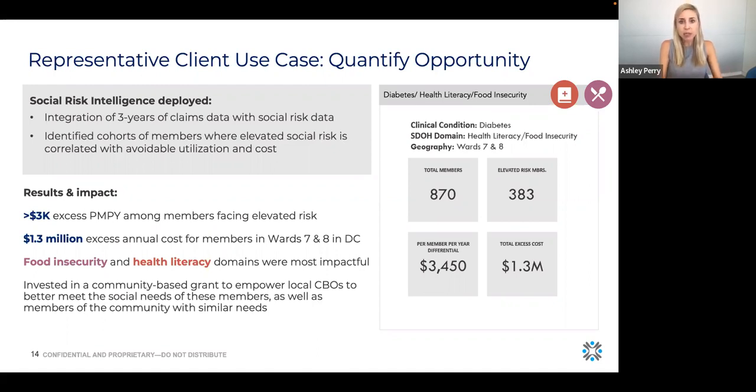So across a broad base of their member population, it was about $3,000 PMPY differential between members that faced elevated risk versus otherwise similar members.